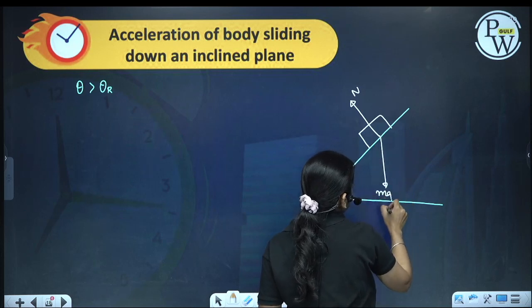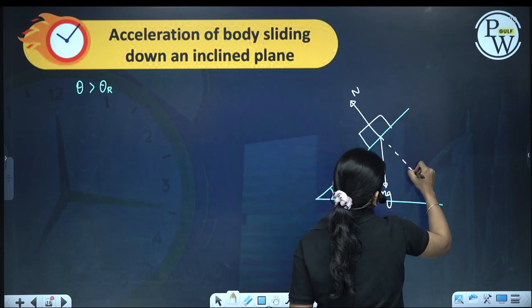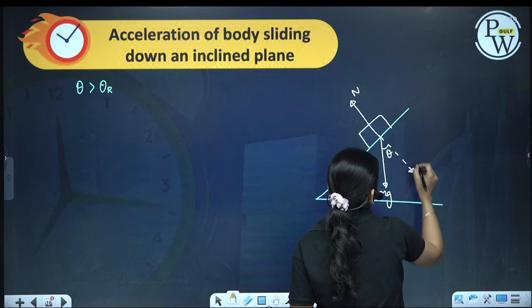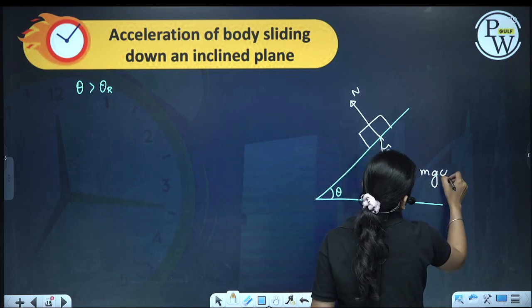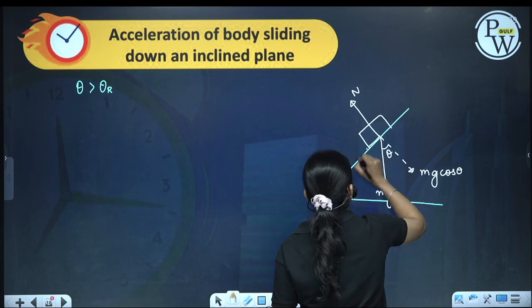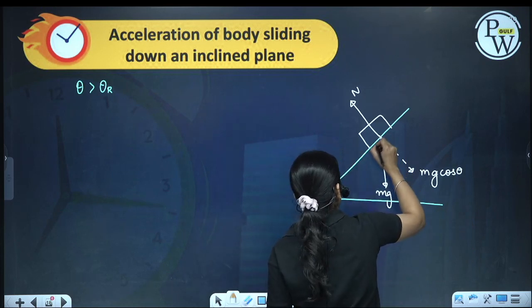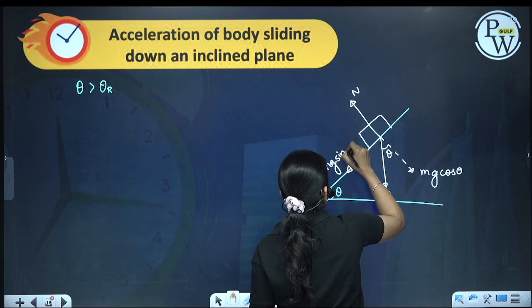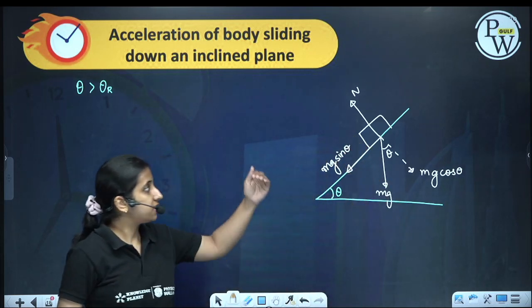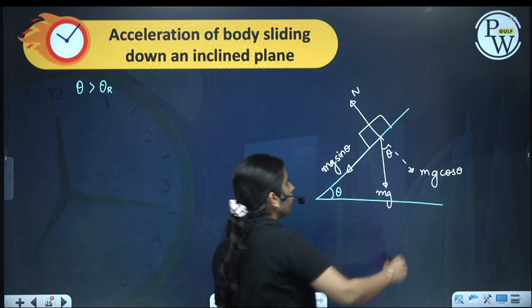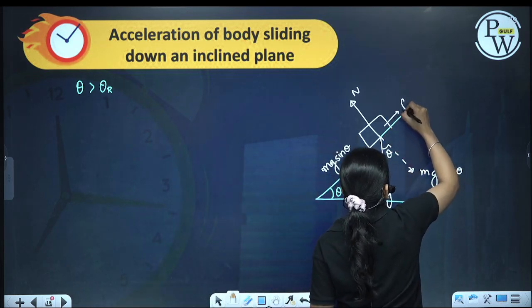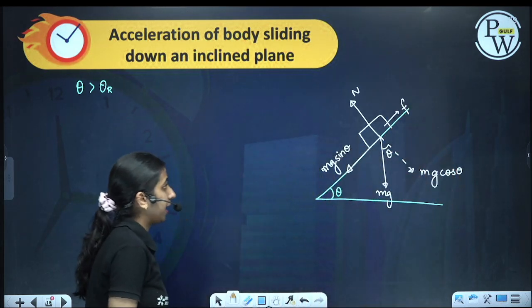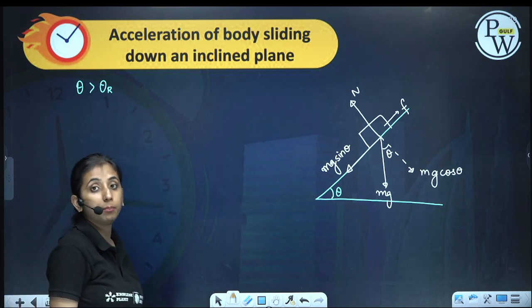There will be mg downwards and normal reaction upwards. The component of mg perpendicular to the plane is mg cos theta, and along the plane is mg sin theta. Because of mg sin theta, the body has a tendency to move forward, so the frictional force will be acting backwards.